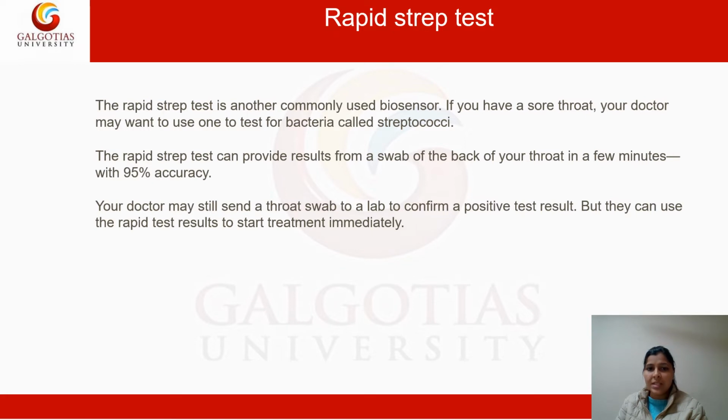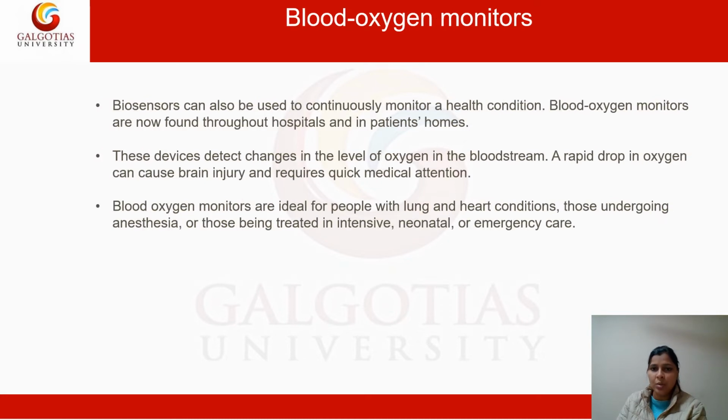Your doctor may still send a throat swab to the lab to confirm a positive result, but initially it is good for the doctor to start the treatment. So these strep tests are being rapidly used.